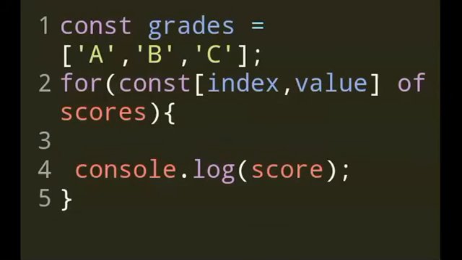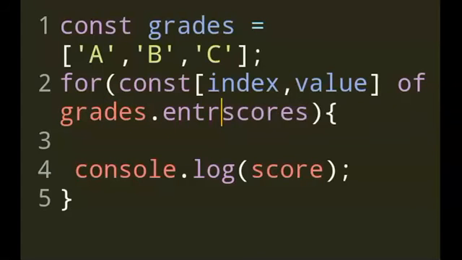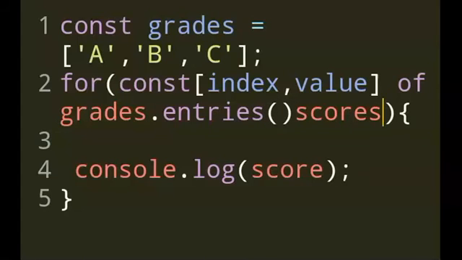The name of the array: grades. So grades dot entries. Remember, if you write entries, you can access the index and the value both.